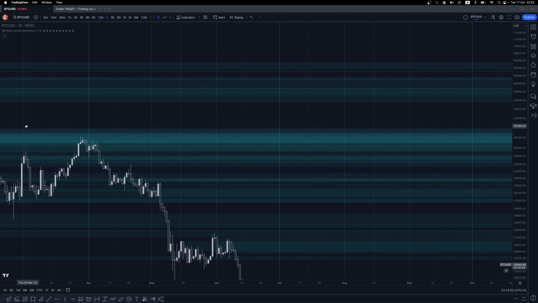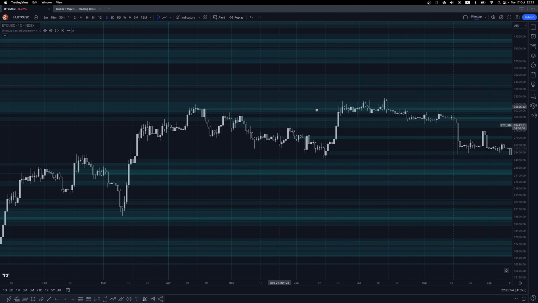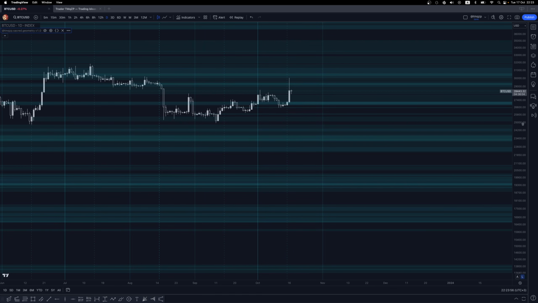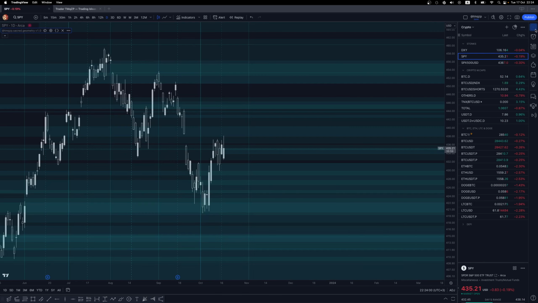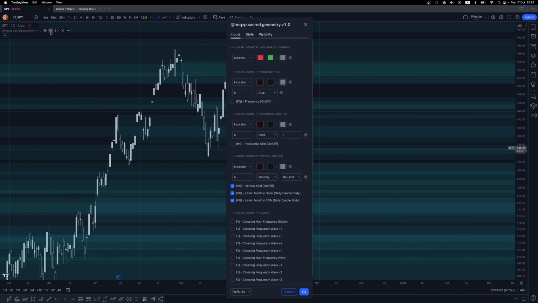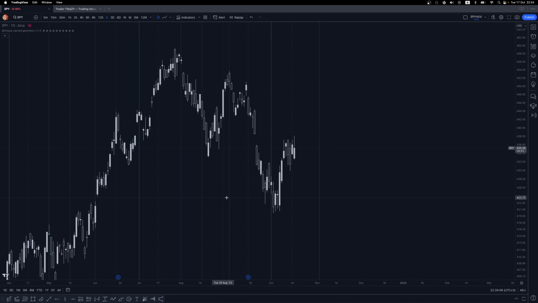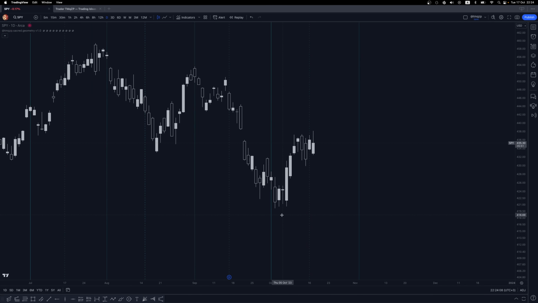One thing to note is that it works very well on the crypto charts, because the crypto charts are 24/7. But if you go to something like the SPY, because of the weekends, and let me just deactivate this for a second so it's a bit easier to see, these lines tend to be slightly offset.